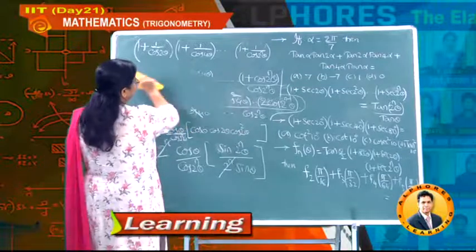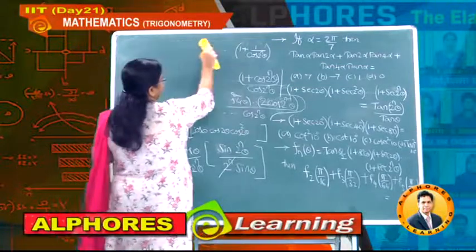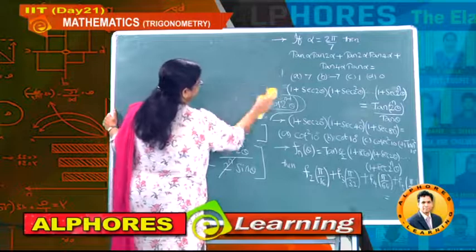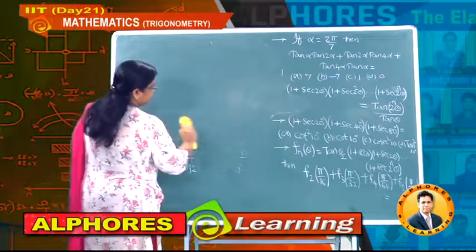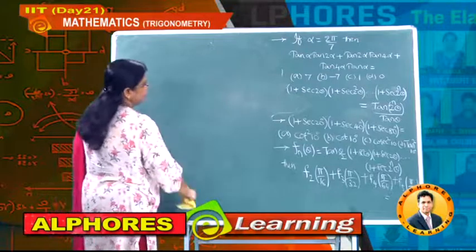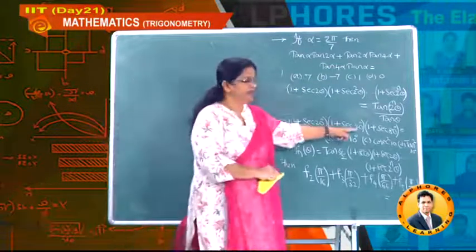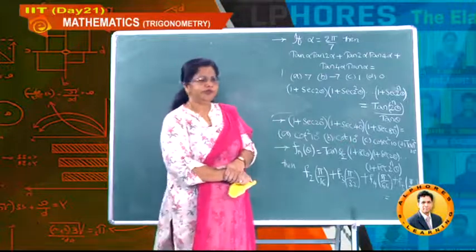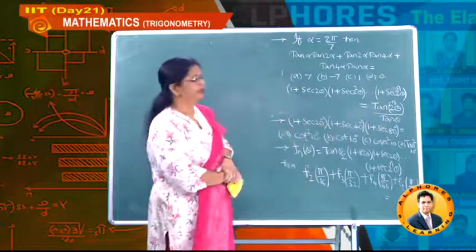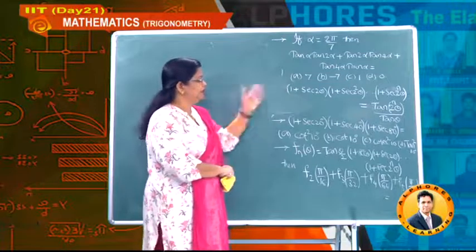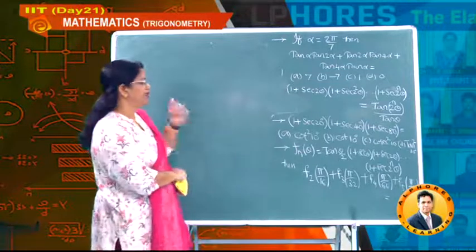Now observe here students, what is the next problem given here? The next problem is again in terms of secant, but what is theta there? 20 degrees. Theta is 20, then obviously 40 means 2 into 20, and this one is 2 square into 20. Therefore, you can easily make use of this result.